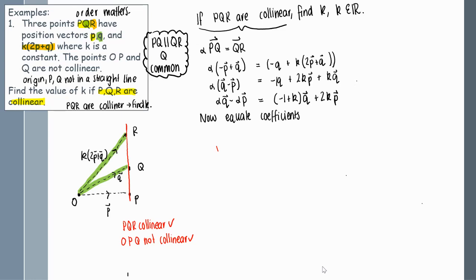If we equate the coefficients of vector q, we'll get that alpha equals minus 1 plus k. And if we equate the coefficients of p, we'll get that minus alpha equals positive 2k. Now this is nice because we just have two equations. We can solve them simultaneously to find our value of k.